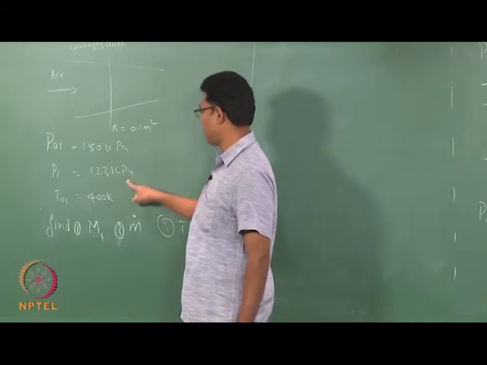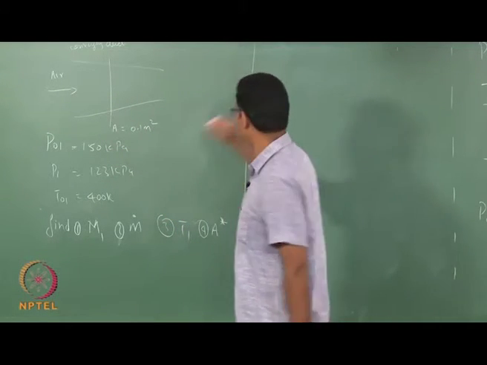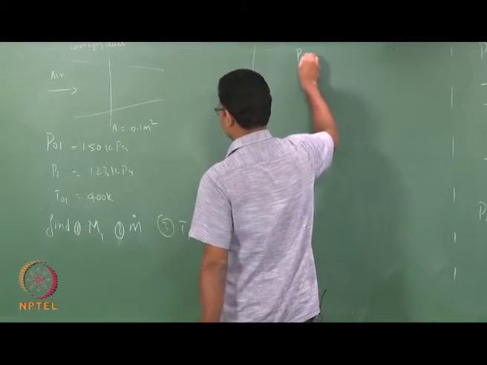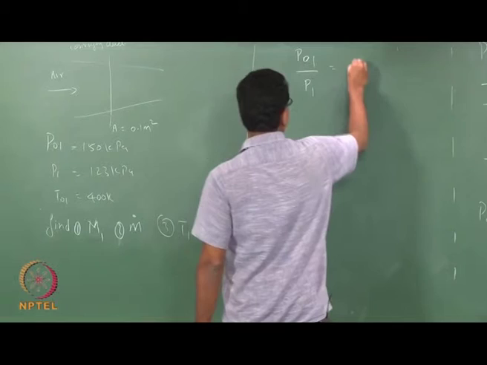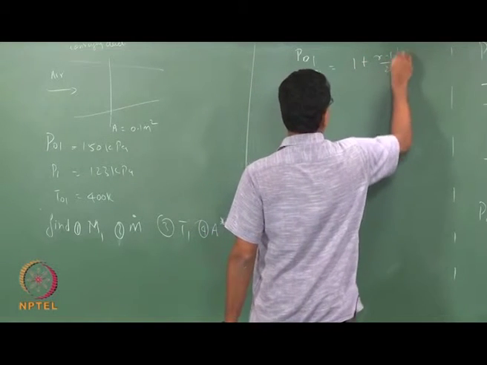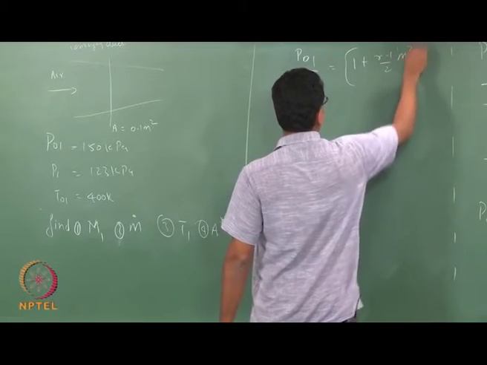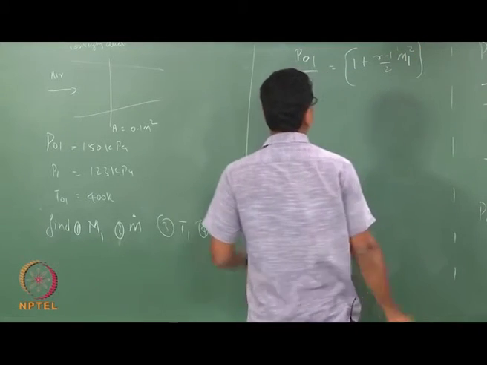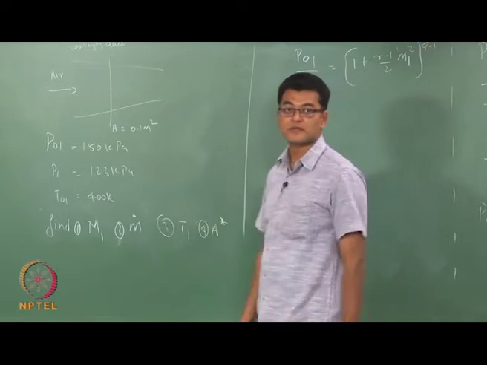So, P01 and P1 is given, you are required to find the Mach number, which is a straightforward substitution of this particular relation, which is 1 plus gamma minus 1 by 2 M1 square, raised to the power gamma by gamma minus 1.